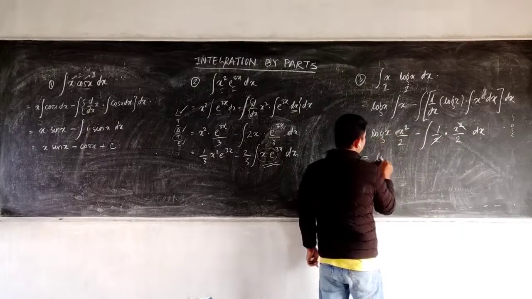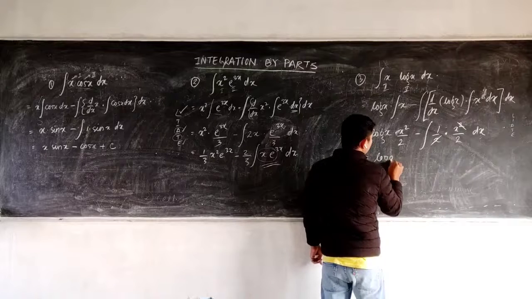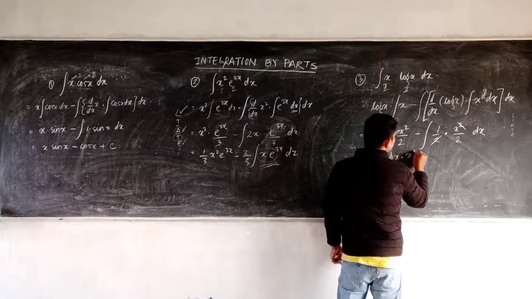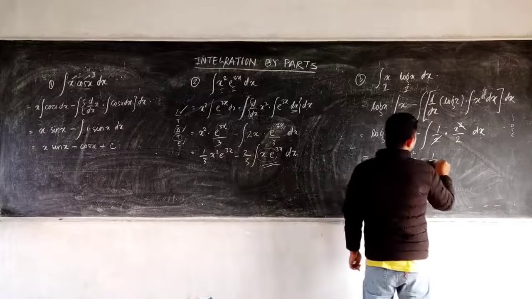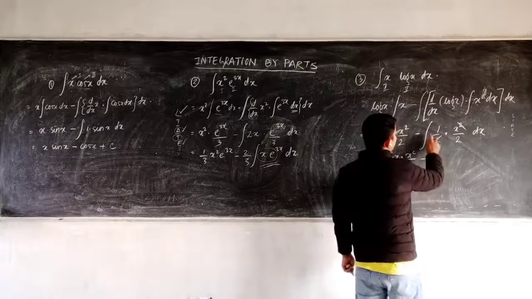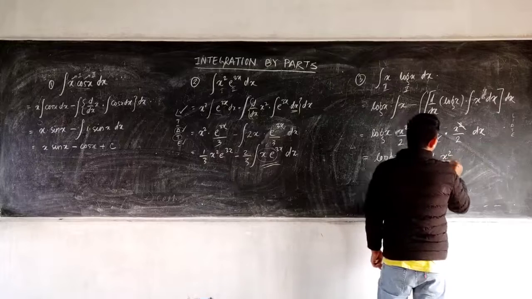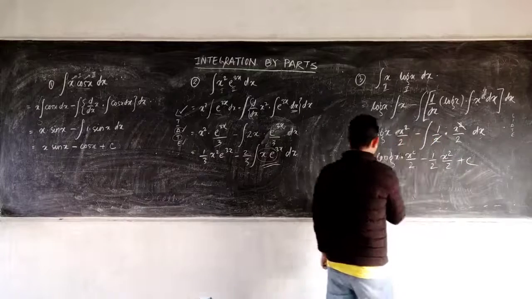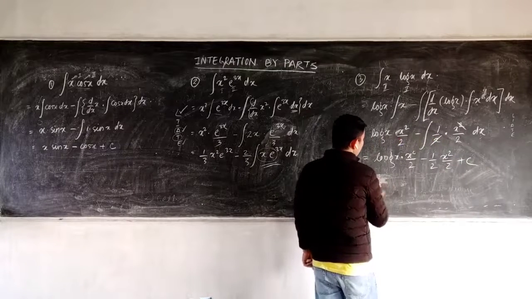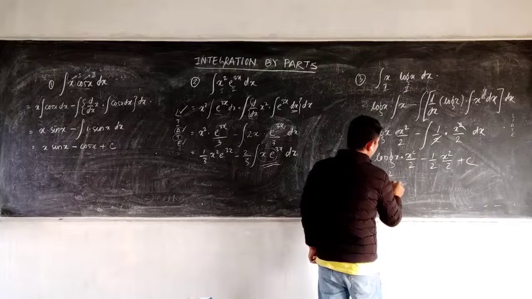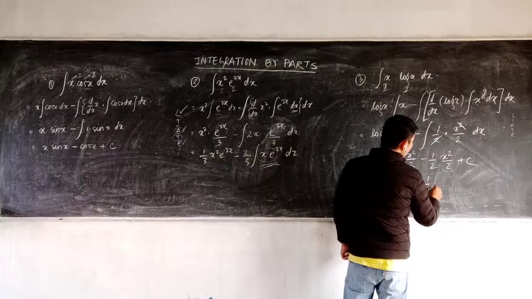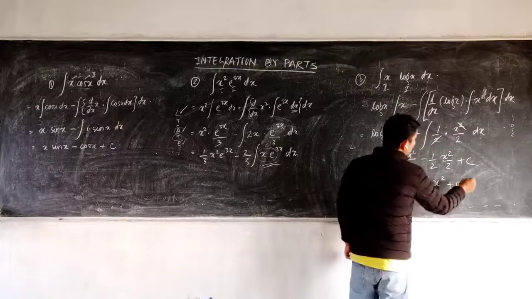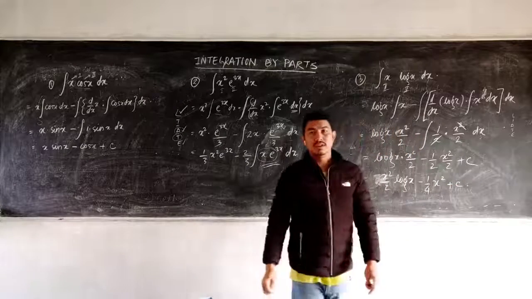Now again I get log of x into x square divided by 2 minus the integration. Again, the constant comes outside, 1 by 2 integration of x, and I can write x square divided by 2, plus c. So finally, we obtain this will be equal to x square divided by 2 log of x minus 1 by 4 x square plus c, where c is the constant of integration.